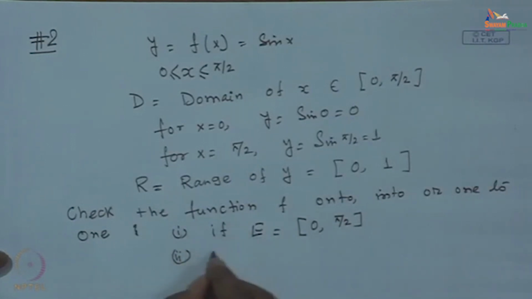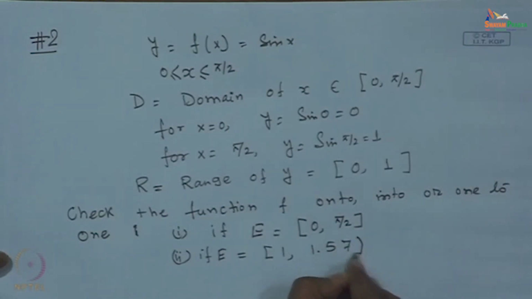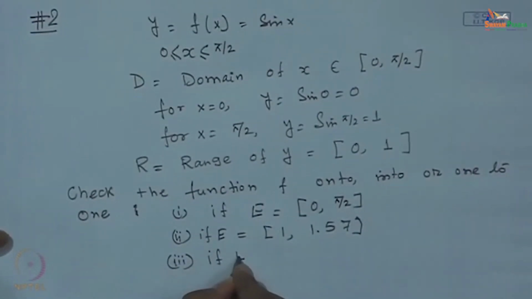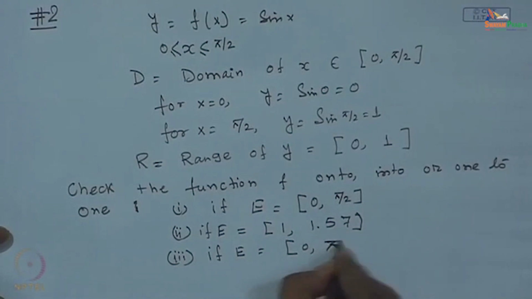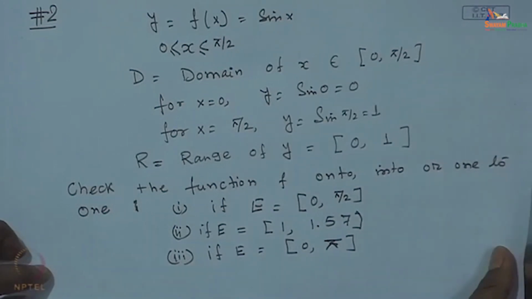Number 2, if E is lying between 0 and 1.57. And third, if E is lying between 0 to pi, that is 3.14. For these three separate cases, we have to check whether this function f is onto, into, or one-to-one.